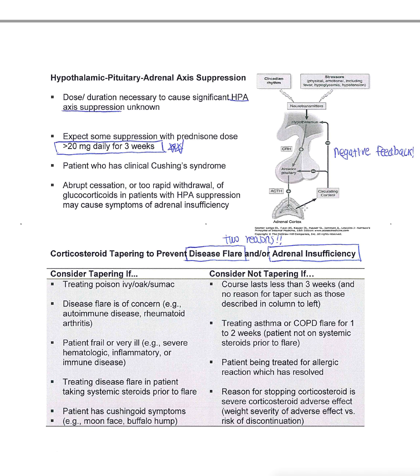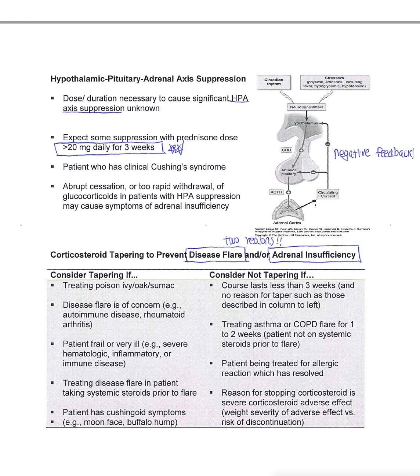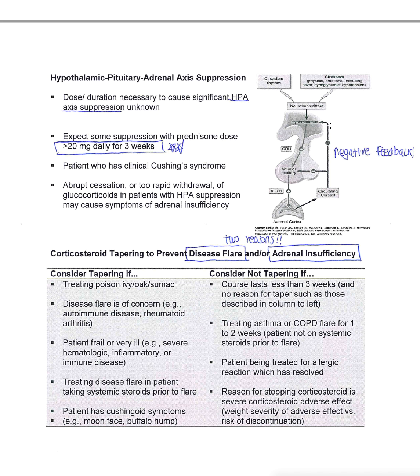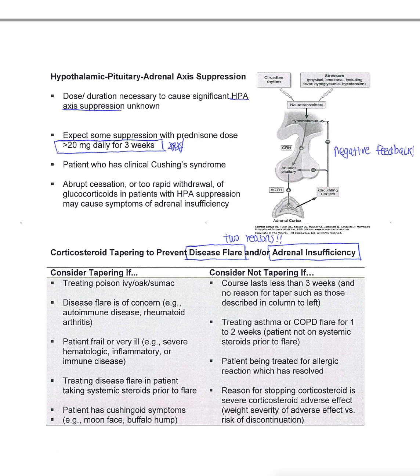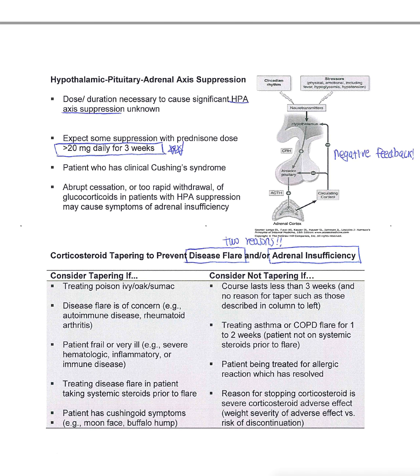So when there is enough cortisol, it's going to send negative feedback to the pituitary and hypothalamus. Then that will stop the production. That will stop the cycle. So when we only have a physiologic amount of cortisol made, this will keep going and really keep the homeostasis and make how much cortisol we need when we need it.